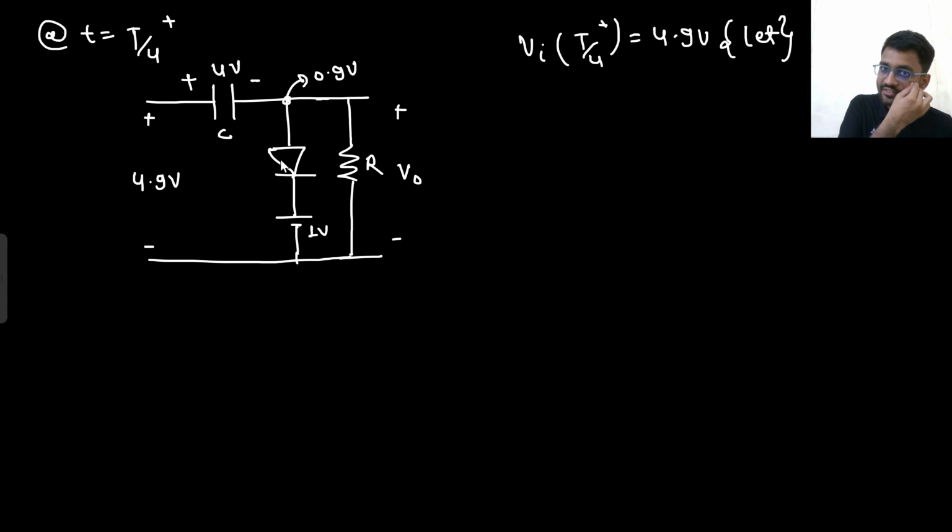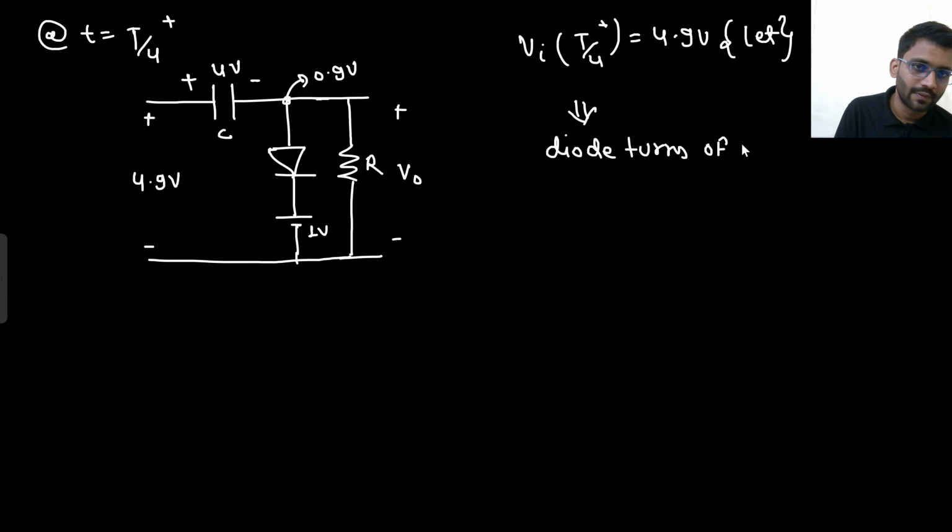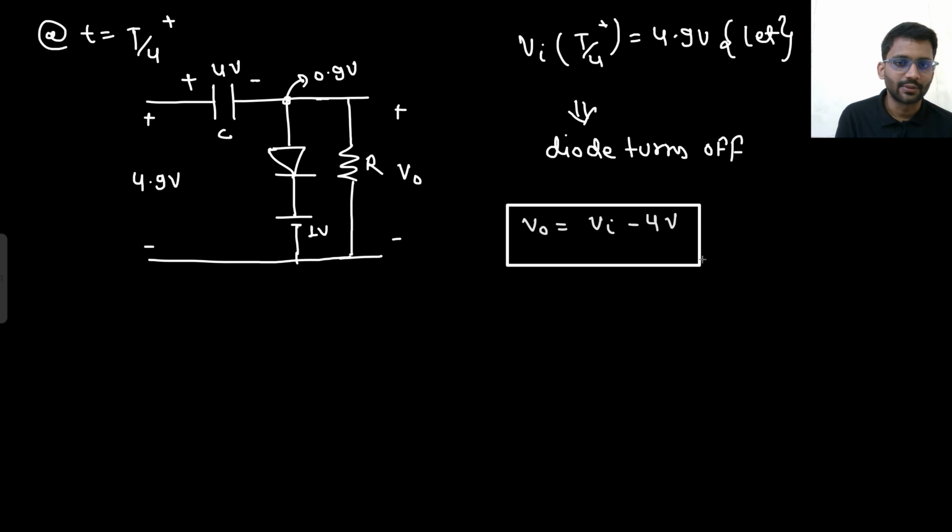This is 0.9 and this is 1. What will happen? Diode turns off. And if the diode turns off, what will be your output? Your output will be Vin minus 4 volt. That's your steady state output.